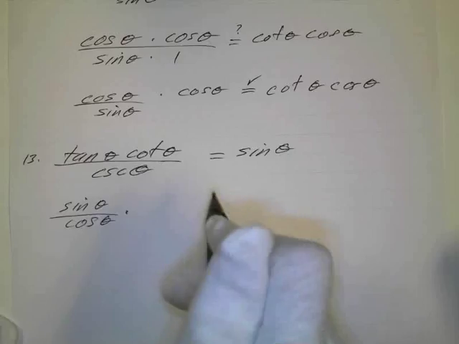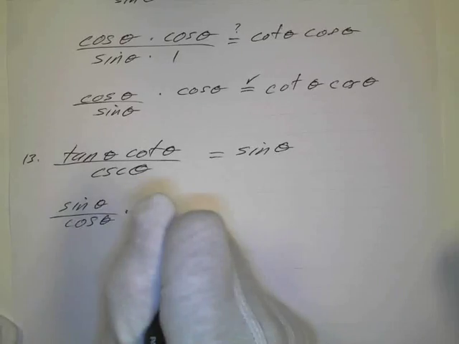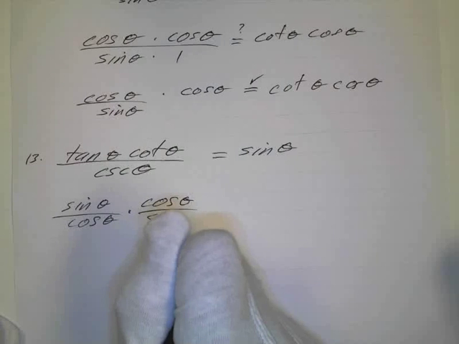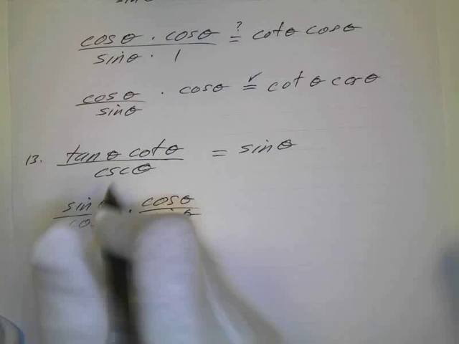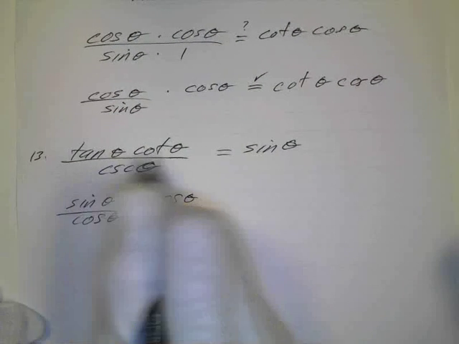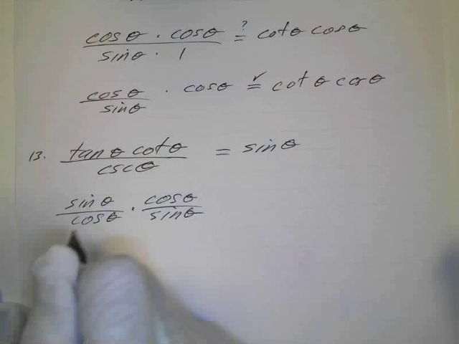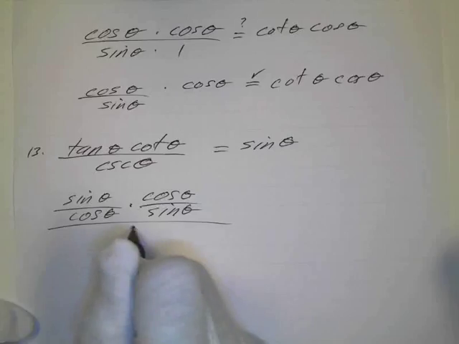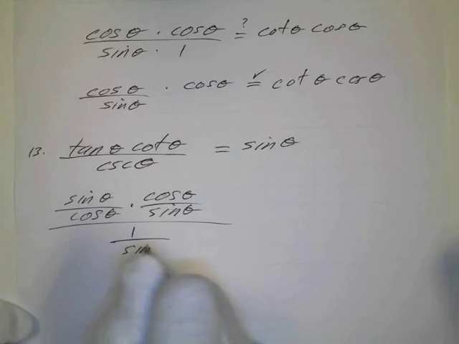I'll just do it like this. It's sort of silly, but that's the cosine of theta over the sine of theta. Usually I don't see those, because it's happened so easily. And then this is going to be 1 over the sine of theta.